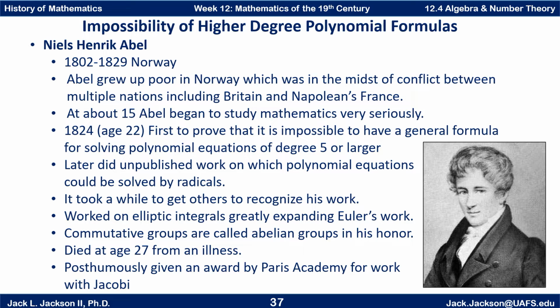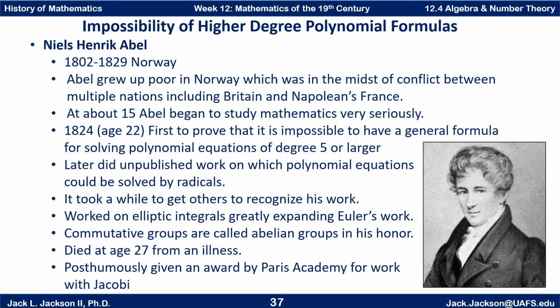So think about all the fantastic things that he did, and they were basically accomplished from, well, he started studying mathematics at 15. He died at 27. He only had 12 years to do work. Most of the first few of that was basically figuring out what was going on.